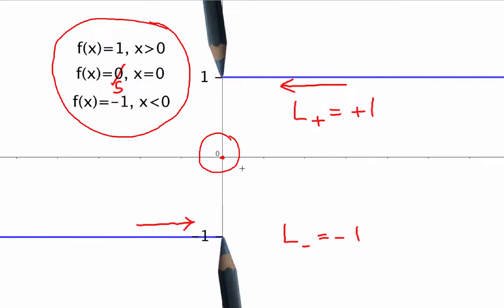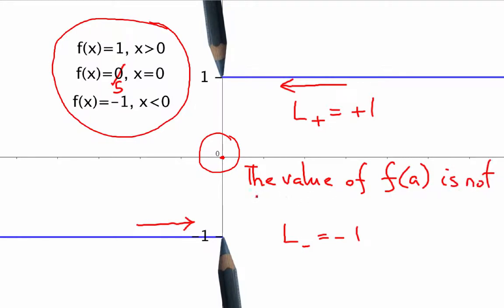And so it's so important a point that I must write it down. The value of the function exactly at the point A is not relevant to calculating L.